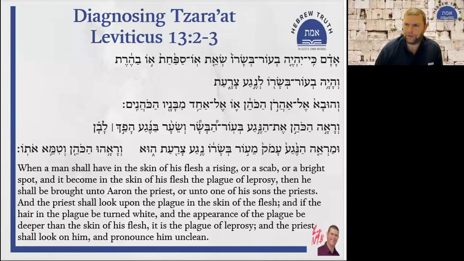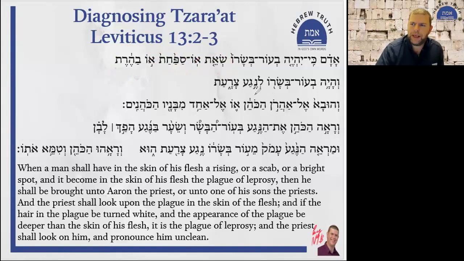Now, what kind of defects? We may have this se'et, which you can see is related to lifting, so it might be a kind of swelling. Or sapachat, something that is added to something, so it might be an overlaying layer of the skin. Or baheret, which we've talked about, something white or pale.